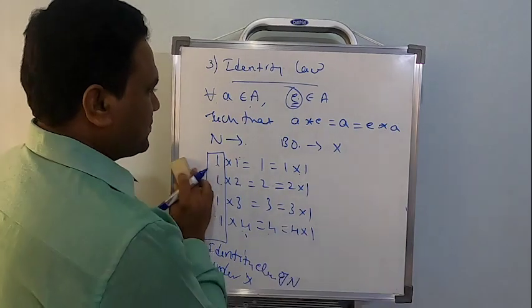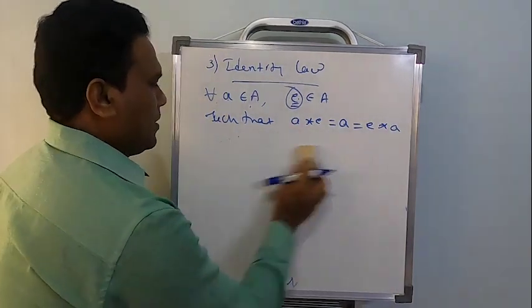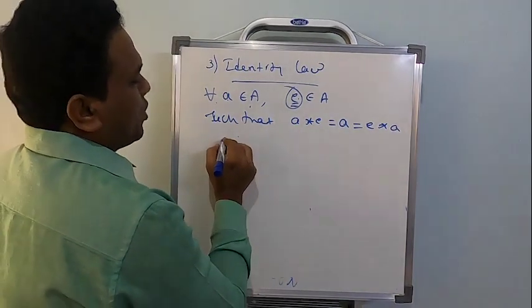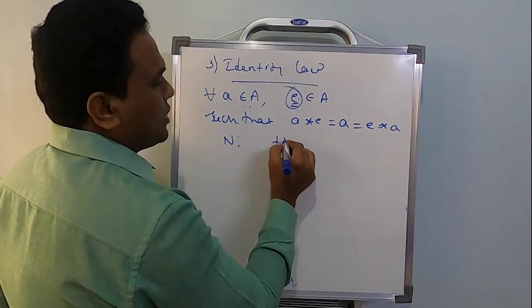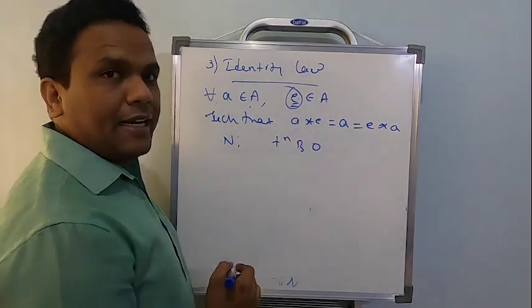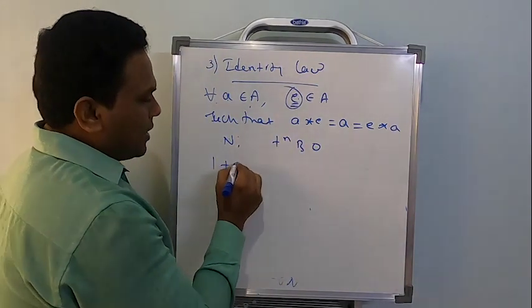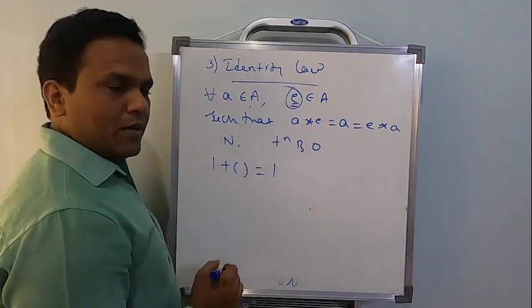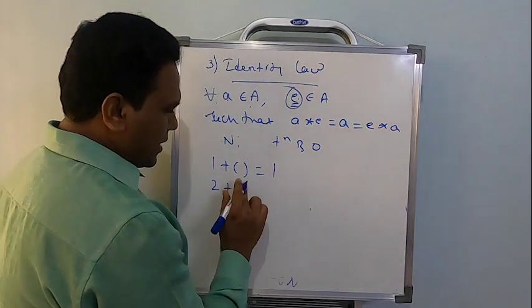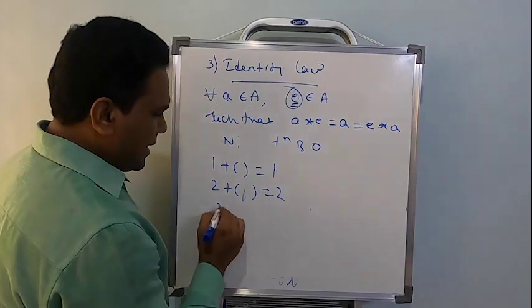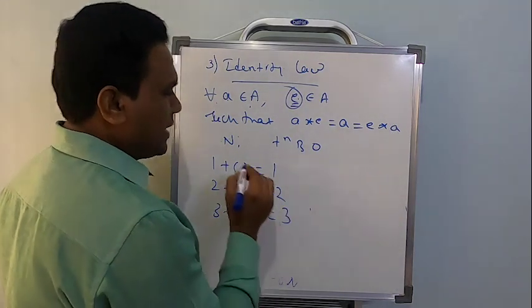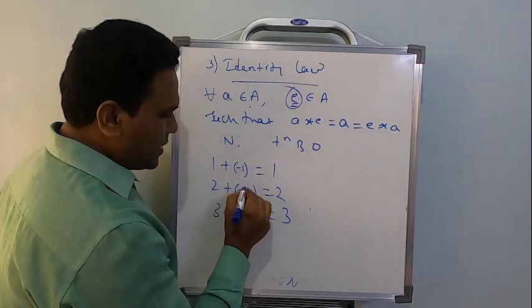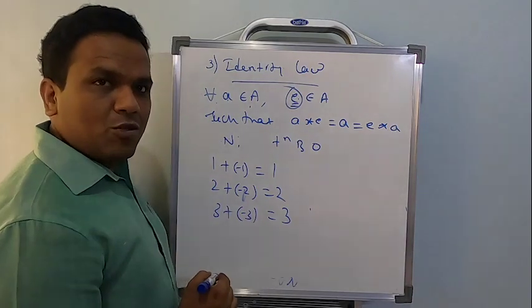But whereas if I go with, see, on natural numbers, I already know that addition is a binary operation, correct? But 1 added with something should give me 1. 2 added with something should give me 2. 3 added with something should give me 3. This is possible if I fill up this place by -1, -2, -3.